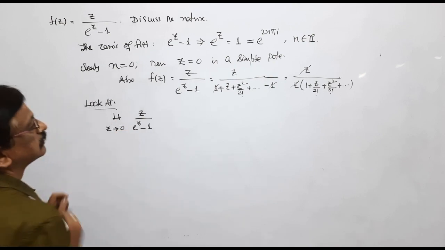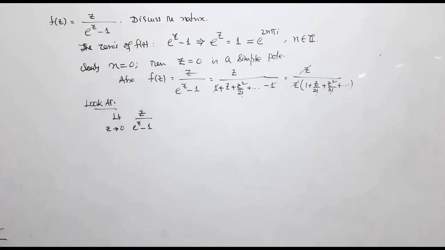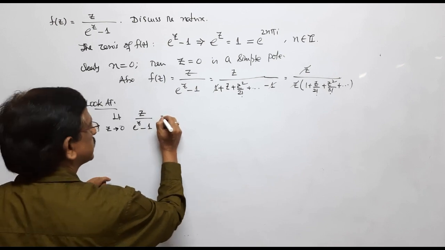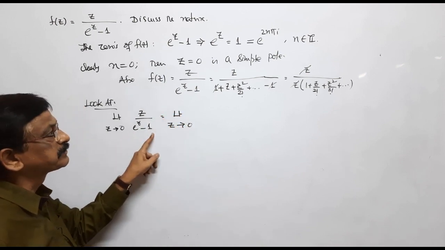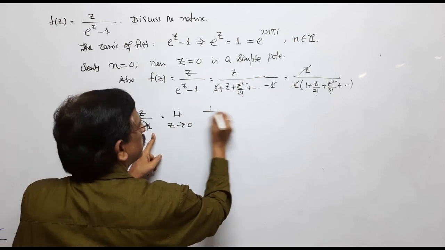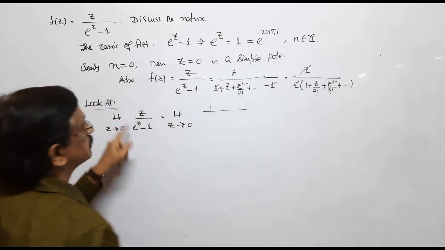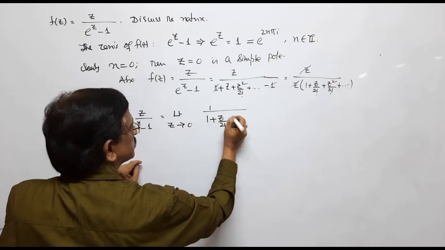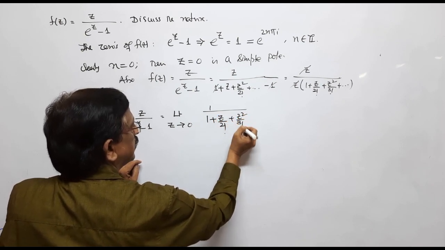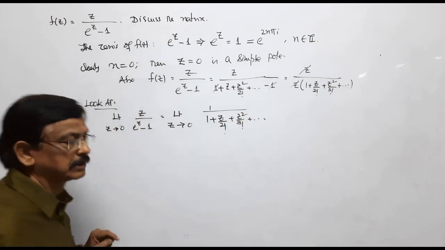So I will write limit z tending to 0 of z by e power z minus 1, which is the limit z tending to 0 of 1 by 1 plus z by factorial 2 plus z square by factorial 3 and so on.